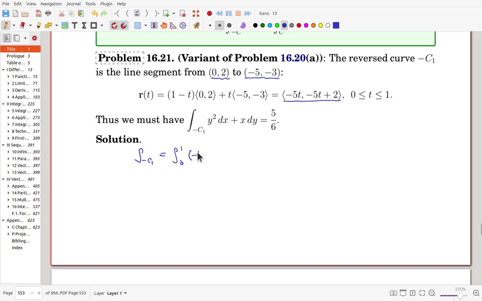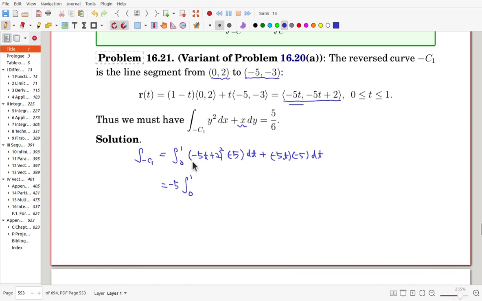That is minus 5t plus 2, squared, and x prime, that's minus 5, and dt, plus x is minus 5t, which is this one, and then y prime, which is now minus 5, and dt. Okay, so we can put minus 5 outside the integral, from 0 to 1.